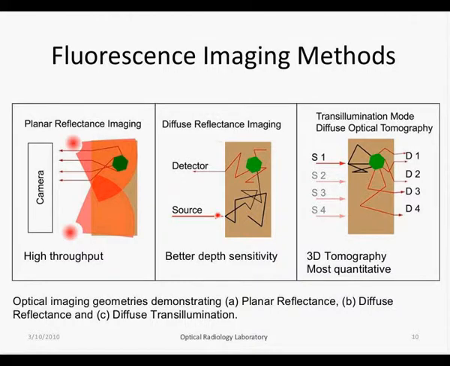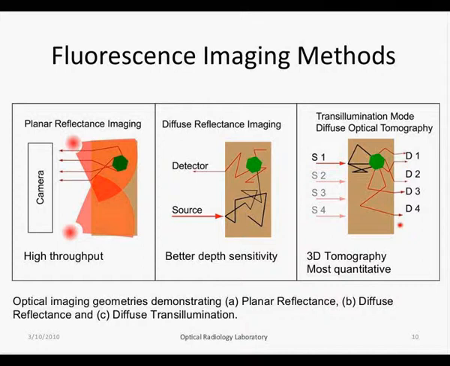Diffuse reflectance imaging, again, reflectance, the source and the detector on the same side, but it uses diffuse imaging so that the source and the detector are at separate locations, and the fluorescence is measured away from the source, and that provides better depth sensitivity because the light is not being reflected to the detector directly from its incidence, so the background from your source is less.